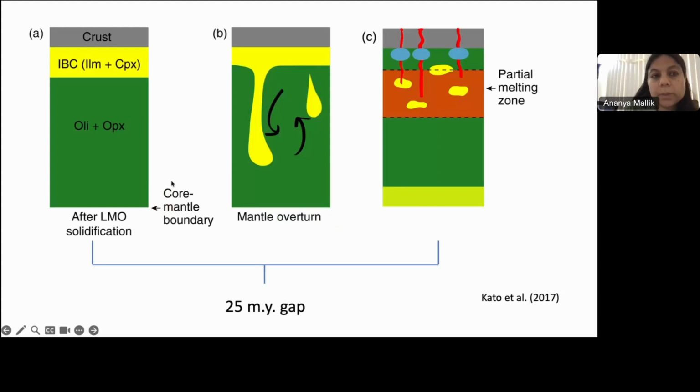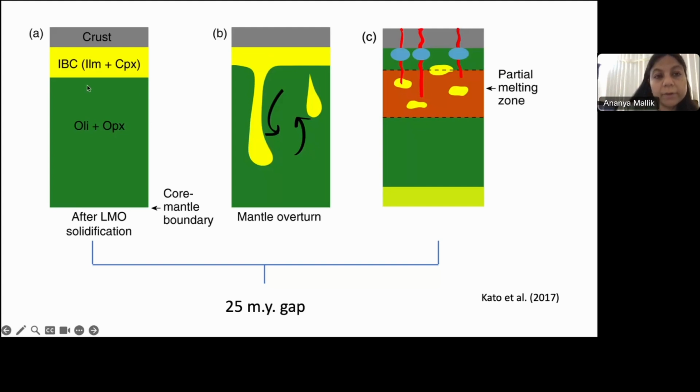And this goes well with the way we think the petrology of these lithologies are. So for example, if the ferroan anorthosites are primary crust that crystallized from the lunar magma ocean, then obviously the secondary crust, which may have formed as a result of overturn, where these dense cumulates that formed at the very end of the magma ocean crystallization, because they were so dense, they foundered and sank, and consequently resulted in upwelling of hotter mantle from below, which may have resulted in partial melting.